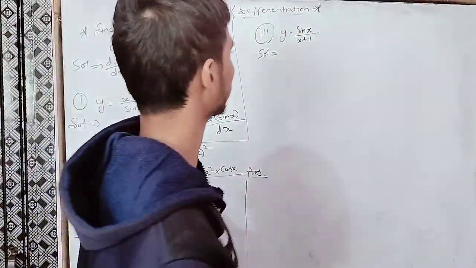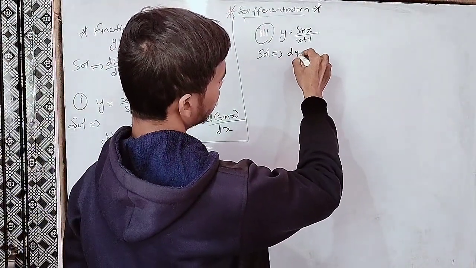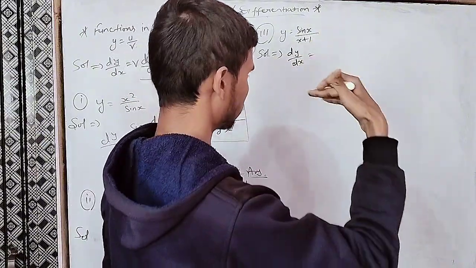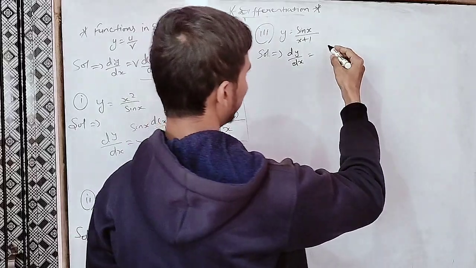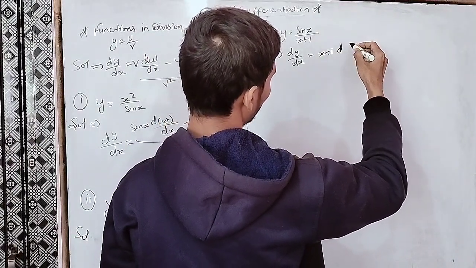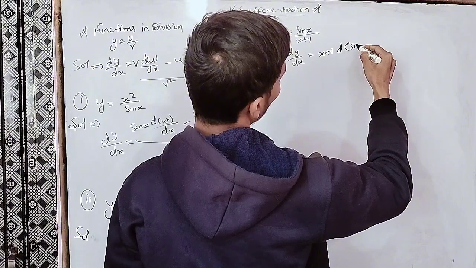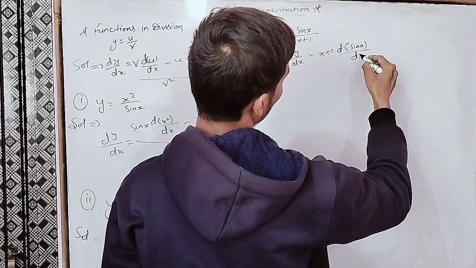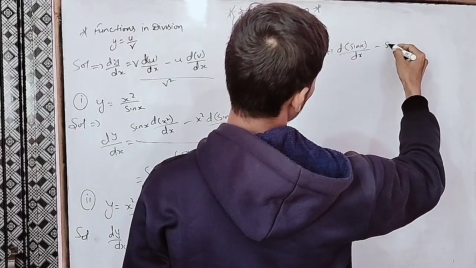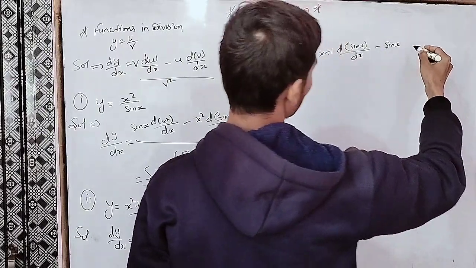It is in a division form. dy by dx, as you know. First of all, the downward function we will write as x plus 1. The upward function will be differentiated. Then sin x will be written as it.